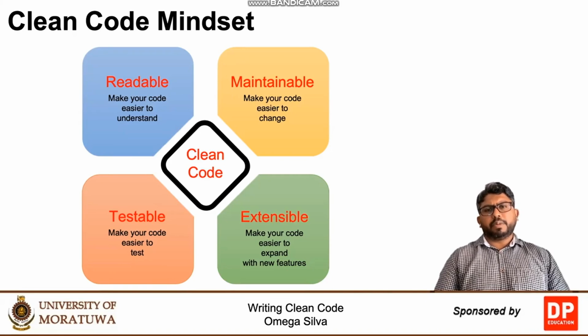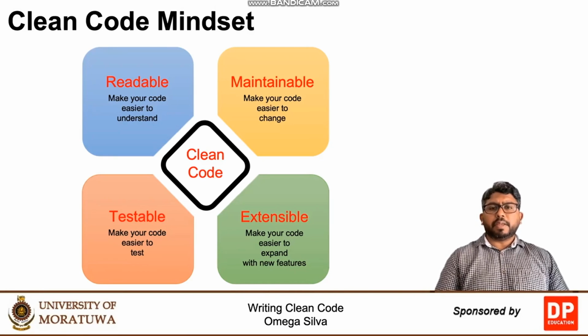One important point to understand is that applying these qualities to your code means you do it at the very first time that you're writing your code. Why? In my experience, where I understood my code the most is at the point of writing the code, because I'm thinking the logic and I'm converting that logic into code. A couple of days later, when I look at the same code, I have to put in effort to understand the code.